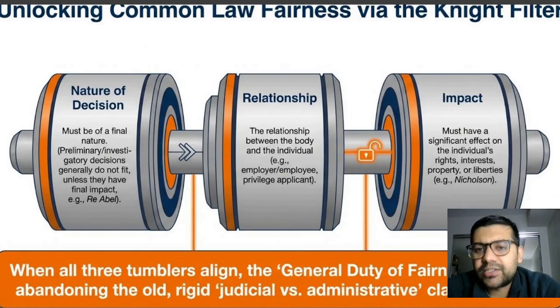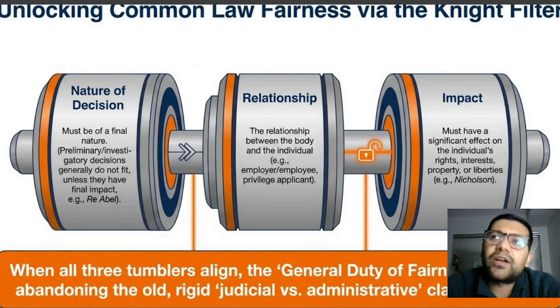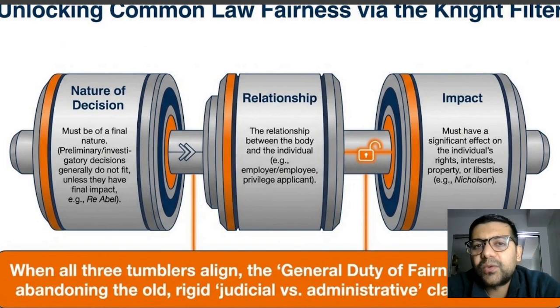Second one is the relationship. Why relationship matters is because a relationship is where a person has the authority over the other person, a boss and employee, employer-employee, or any other relation where one person has more authority over the other person.